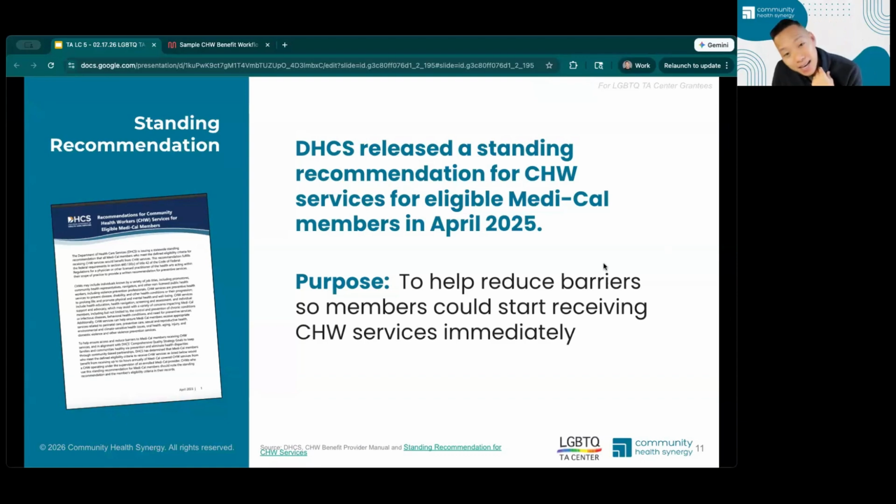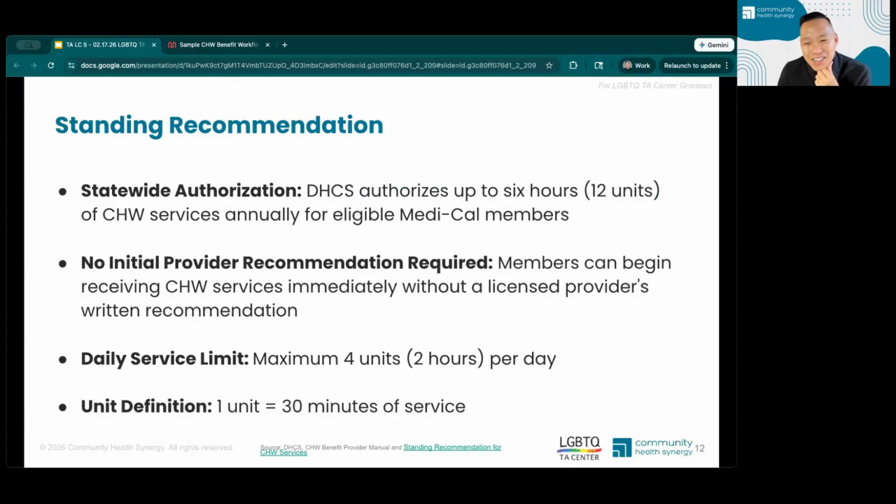Now, with that said, there are some restrictions to this, like with anything. The authorization allows up to 12 units of CHW services, and each unit is 30 minutes. So 12 units translates to 6 hours on an annual basis.